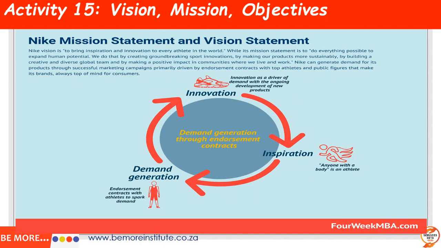So yeah, it's interesting. So Nike can generate demand for its products through successful marketing campaigns, primarily driven by endorsement contracts with top athletes, just spoken about, public figures that make its brands always top of mind of consumers.